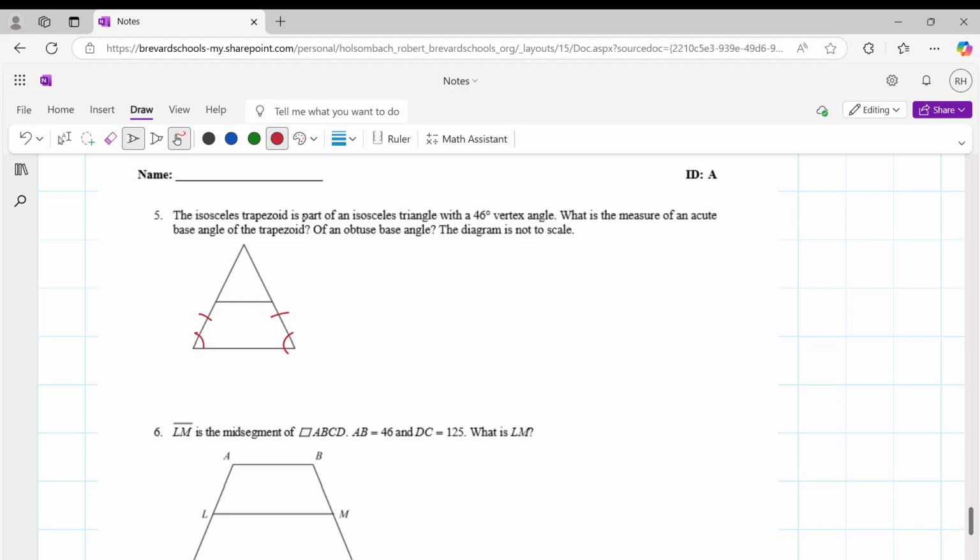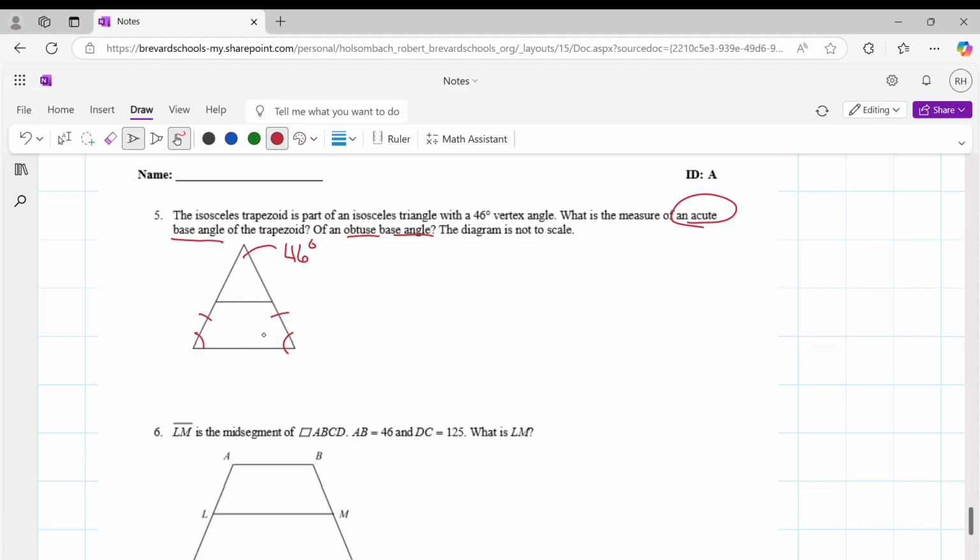The isosceles trapezoid is part of an isosceles triangle with a 46-degree vertex angle. Vertex angle is up here. This angle is 46 degrees. The question is, what is the measure of an acute base angle or an obtuse base angle?